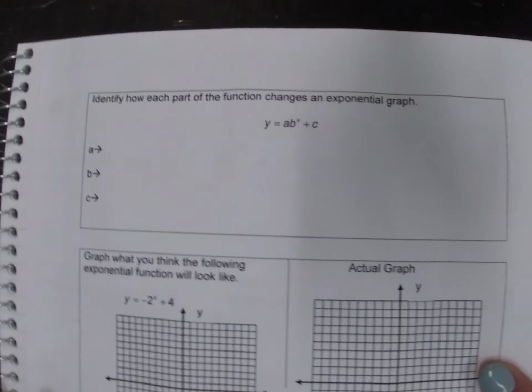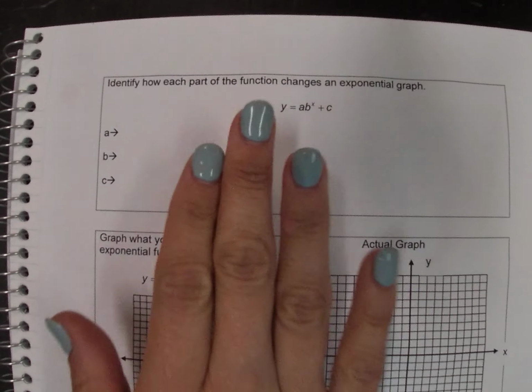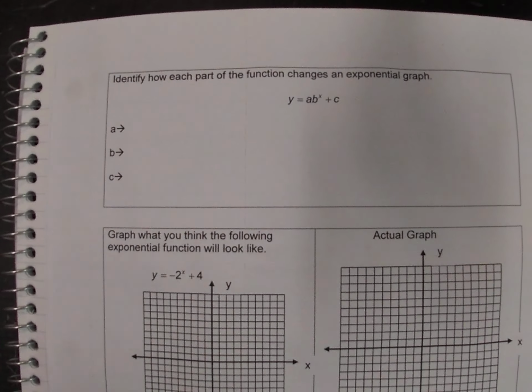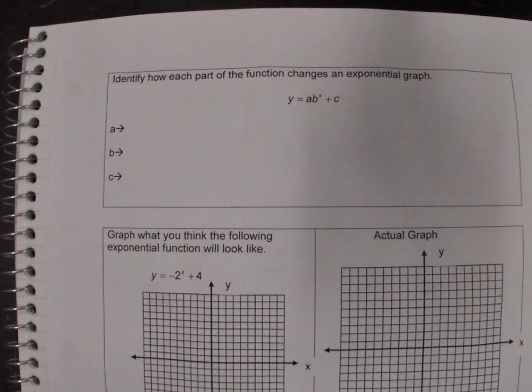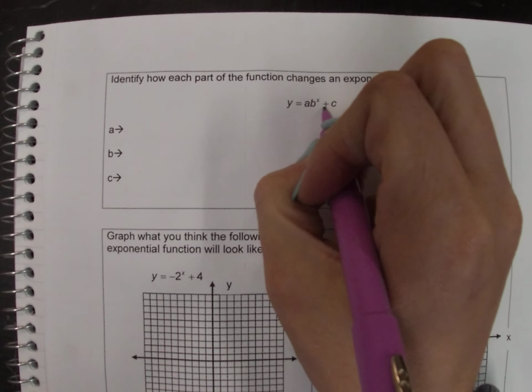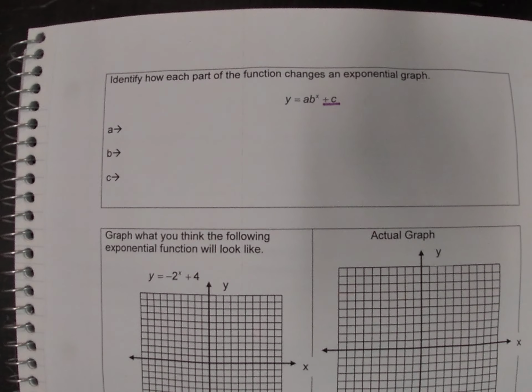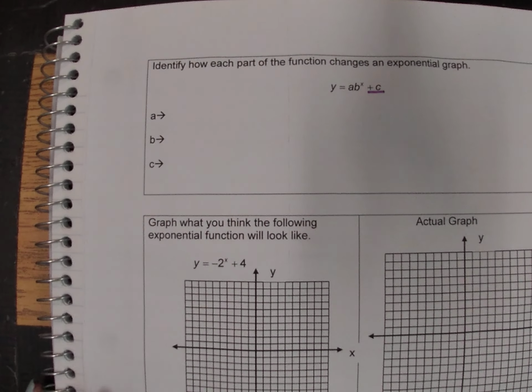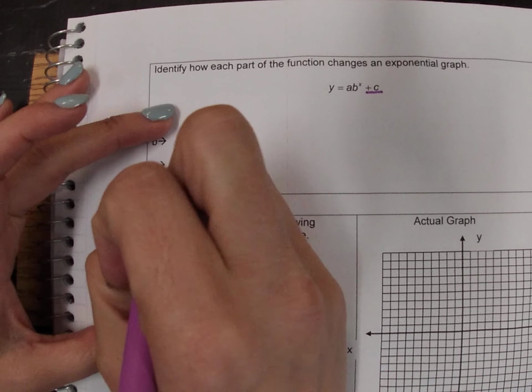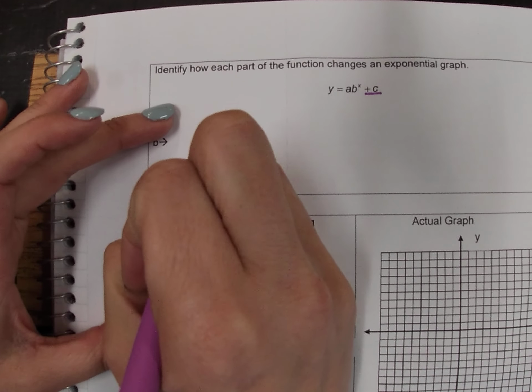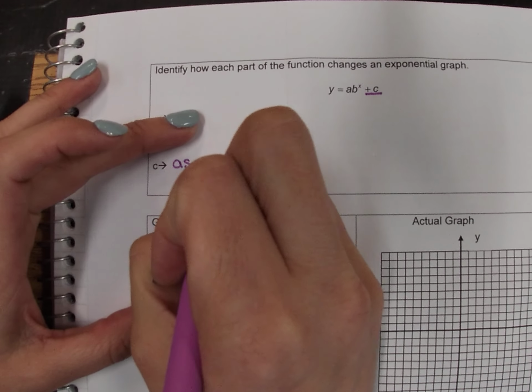So once we go through and notice all of those shifts, we should be able to give some very specific terminology to how each of these numbers plays some role on the graph. The first thing we should have noticed is this C number on the end. That was changing how much the graph was shifted up or down. This actually gets a very fancy word. It's kind of a bizarre word, but we call it an asymptote, which I would not have expected you to just know.